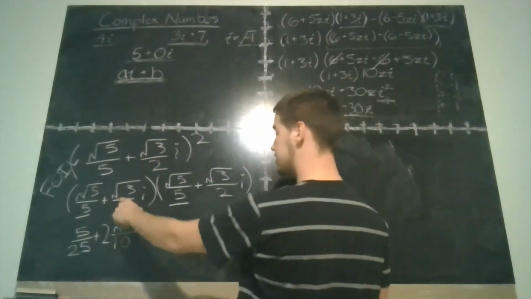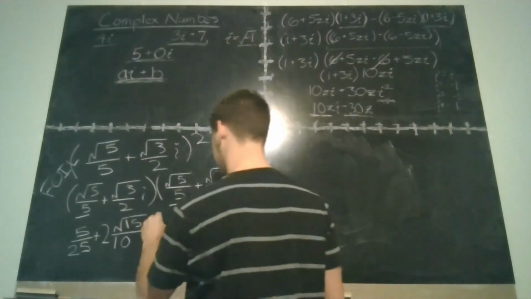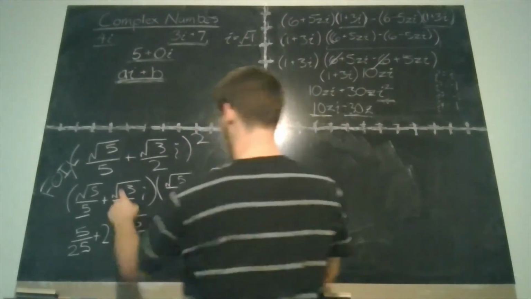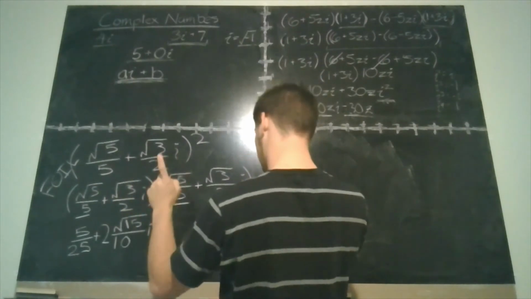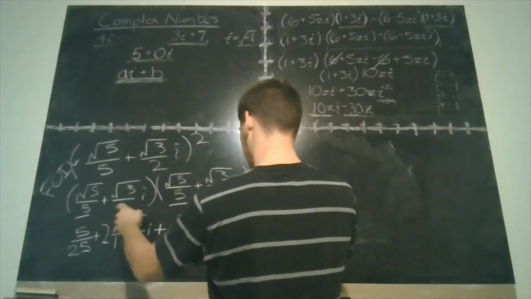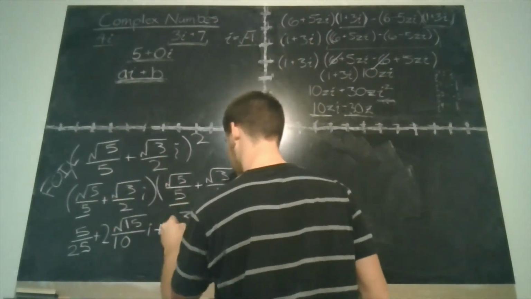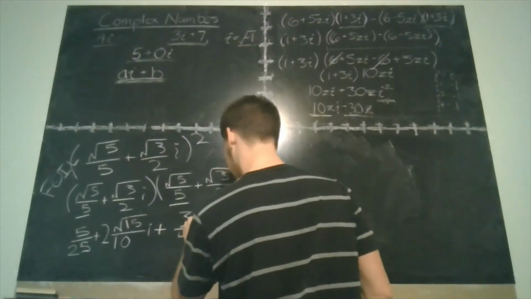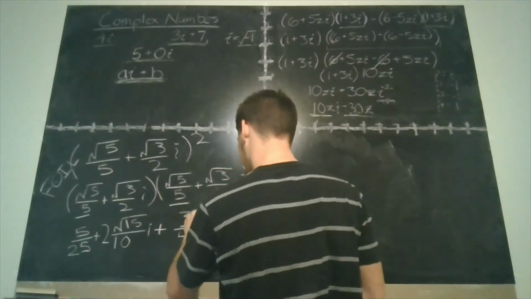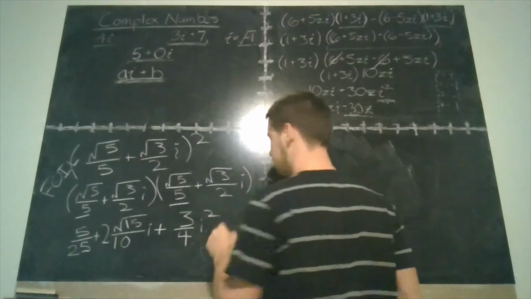And finally, let's square the last thing. So we've got plus radical 3 times radical 3, so that's 3 divided by 2 times 2, so that's 4. Then i times i, which is i squared.